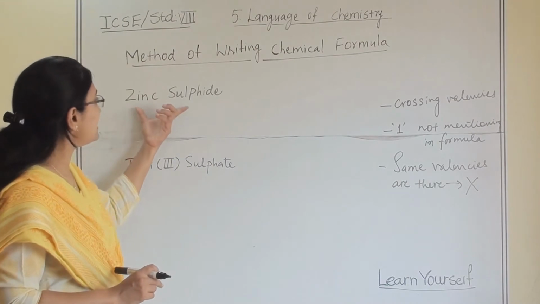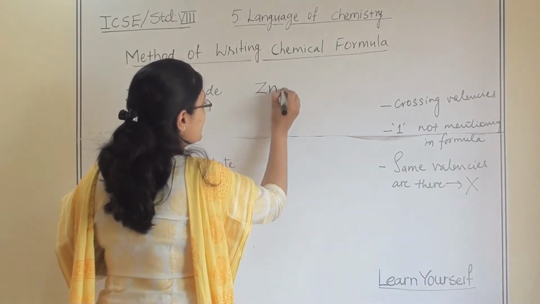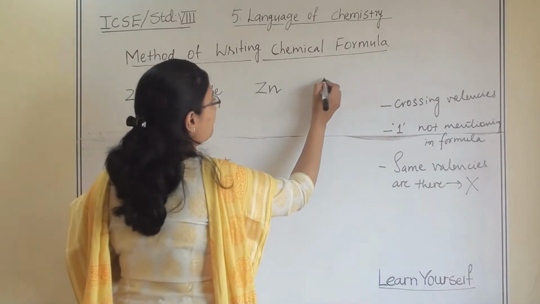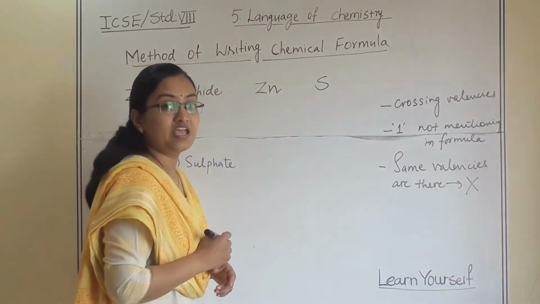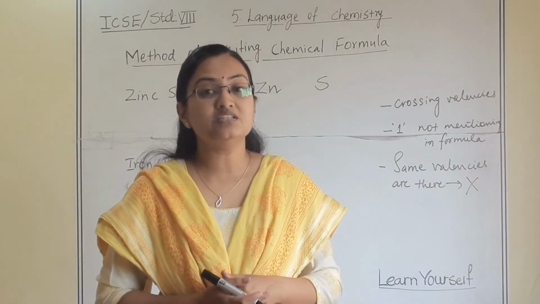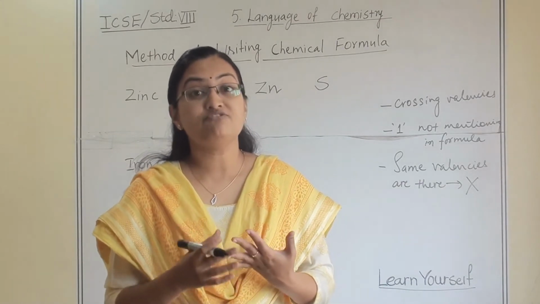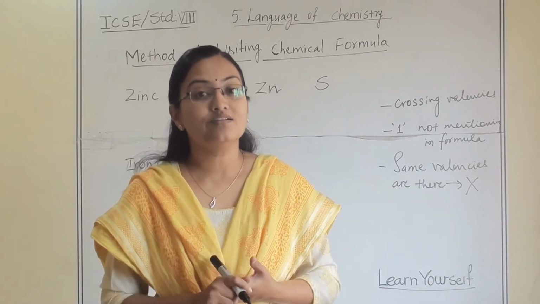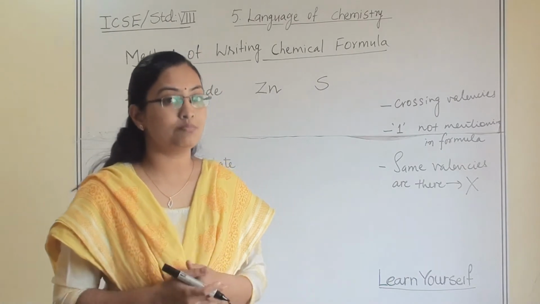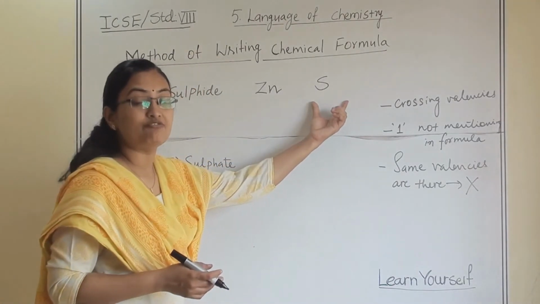So here zinc sulfide. So what is zinc? It is Zn. And what is sulfide? S. In sulfur there are 2-3 different ions. Sulfide, sulfate, sulfite. They all are different. So you should remember those.